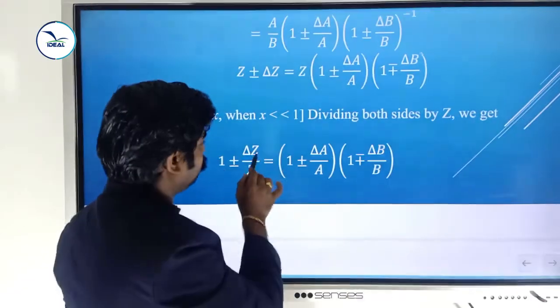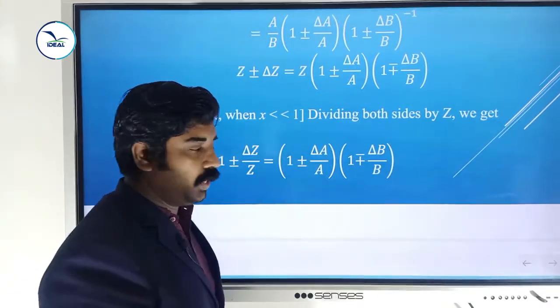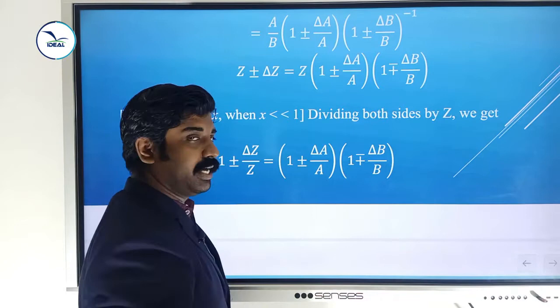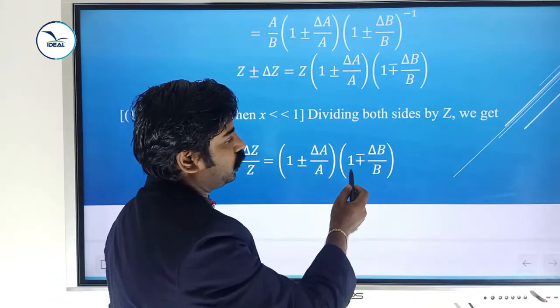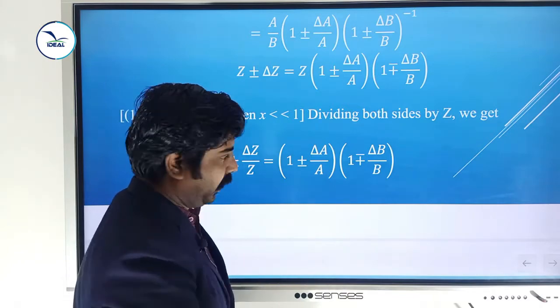So that is 1 plus or minus delta Z by Z is equal to 1 plus or minus delta A by A into 1 minus or plus delta B by B.